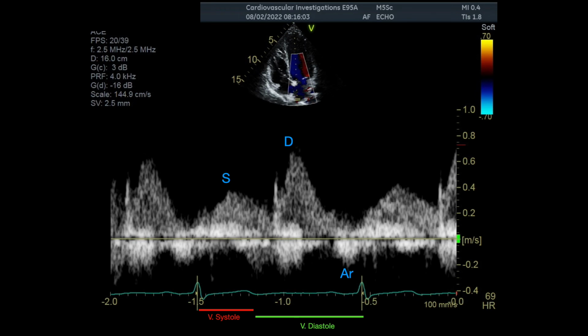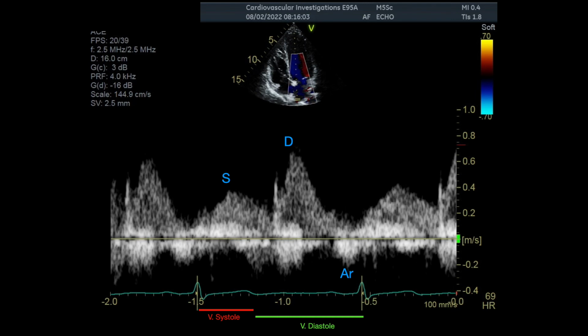So this is a normal trace in young people, so in people less than 40, and this patient example is less than 40. So the D wave predominates in young people less than 40. As we age, the SD ratio increases, so the S wave becomes more predominant.